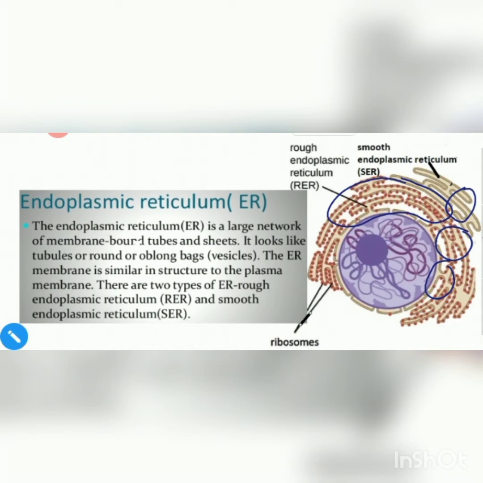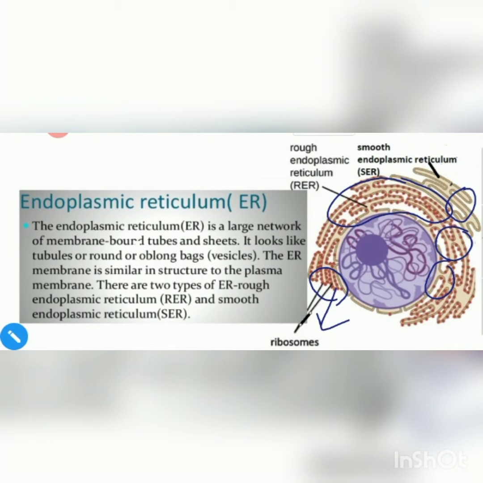The rough surface is because it has particles called ribosomes attached to its surface. And the smooth endoplasmic reticulum doesn't have any ribosomes.